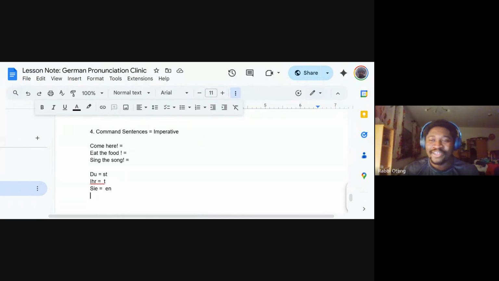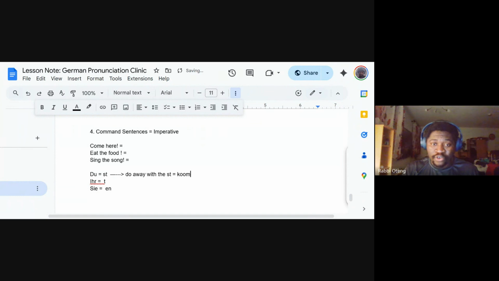So our rule says that when we are giving an order for the du form, we do away with the st and just mention the verb stem. So basically, you are going back to the verb stem.